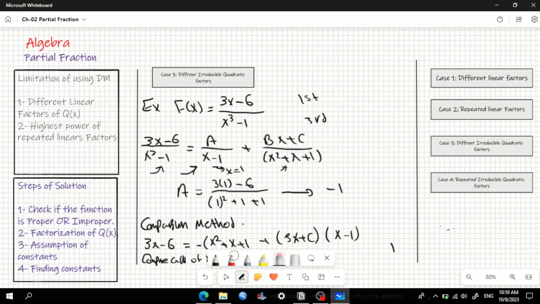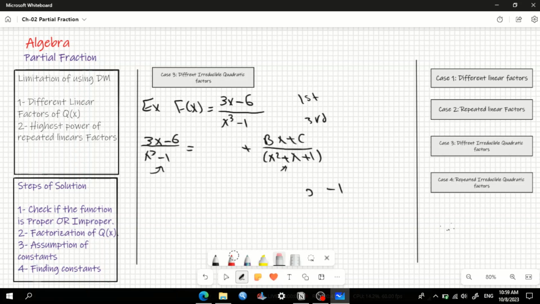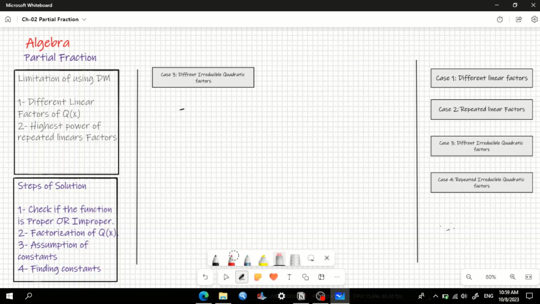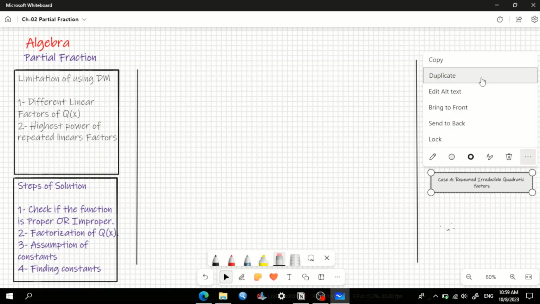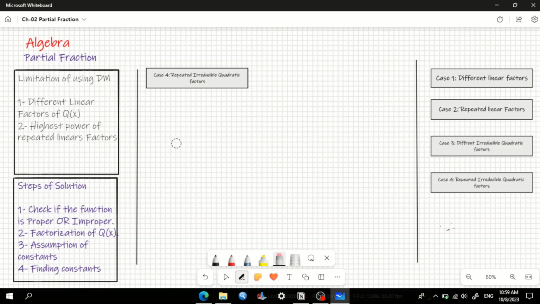So just clear all of that. If we have this example here, f of x equal to x squared plus 2x plus 5 by 2x squared plus 6x plus 7, all squared.